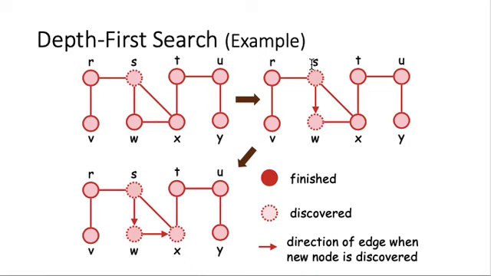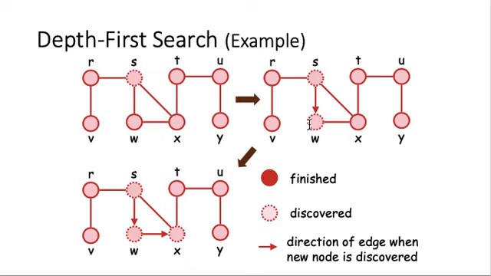So here in the example, we will first check W, which is the neighbor of S. So we will have an arrow here that helps us to recognize that, oh, W is being checked. It is due to S, because when S is visited, then we are looking at the neighbors of S and then we find out that W should be checked.